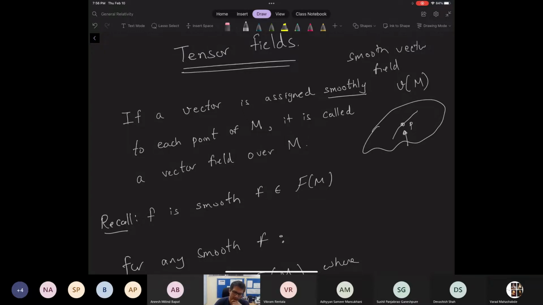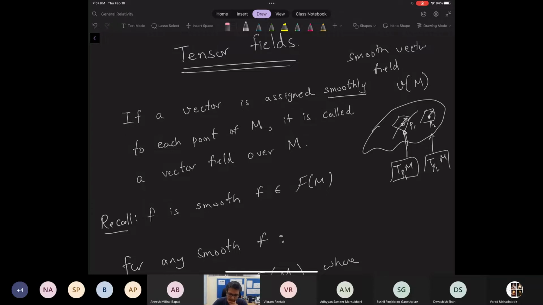Now, if we can assign a vector smoothly to each point of M, that is, at every point P, and remember that the vector space here is TPM, and this is another point P2, so this is TP1M, this is another vector space TP2M. These vector spaces are different. The vector space associated with the point P1 is different from the vector space associated with the point P2. In general, they actually have nothing to do with each other.